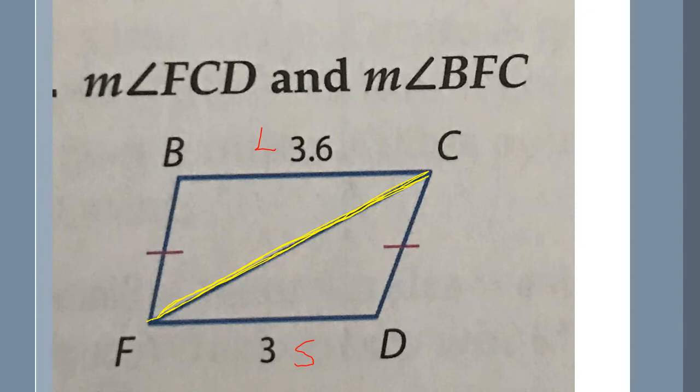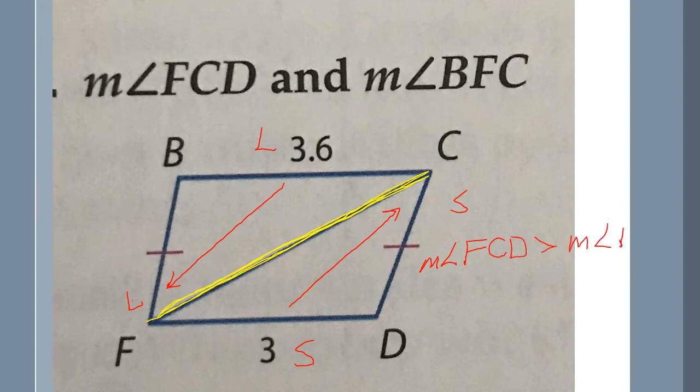So we can say then that angle BFC is larger and angle FCD is smaller. So we can express this as the measure of angle FCD is larger than the measure of angle BFC.